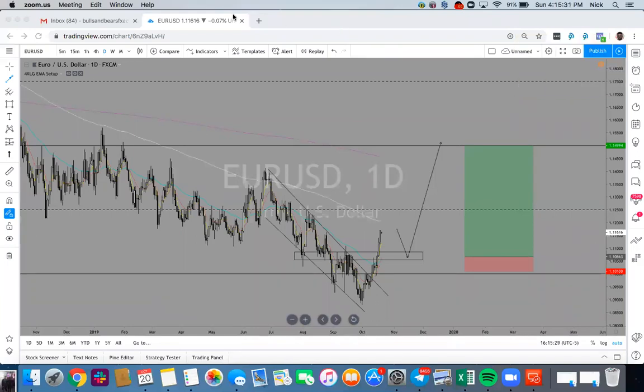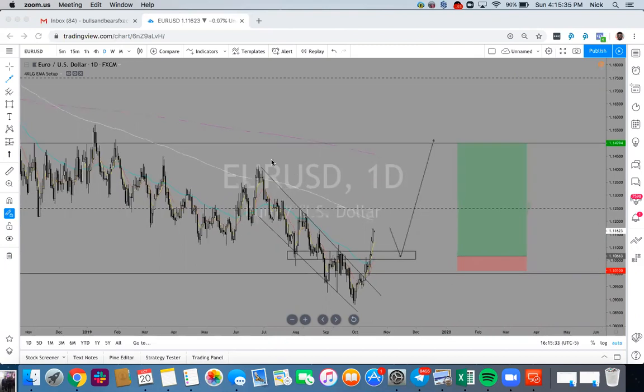This is Nick here, and this is going to be my weekly analysis for the trades that I'll be looking at this week. Basically, I'm switching it up, and I will be looking at the euro pairs, or a couple of them, this week.